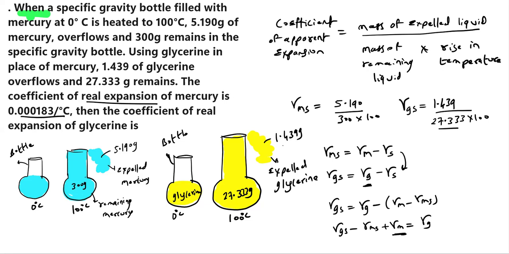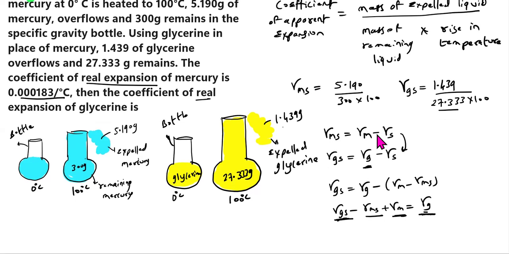We know this value. We have calculated the apparent expansion of mercury with respect to specific gravity bottle, the apparent expansion of glycerin with respect to the bottle, and the real expansion of the glycerin is what is needed. That can be tabulated. So we have to substitute all values.